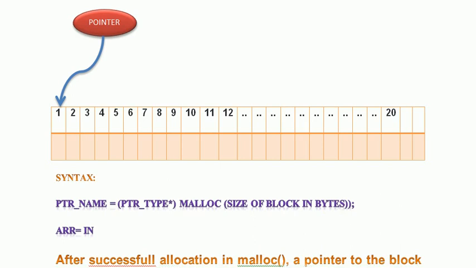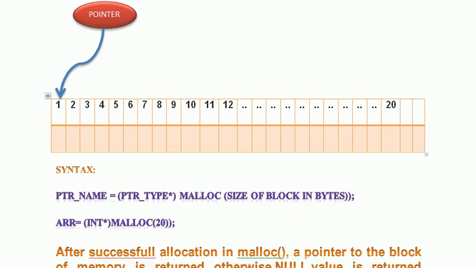So we will write here int star. Now suppose if we were allocating memory to a character, we will write here char. If to float, we will write here float. Then we will write our keyword malloc, then the size in bytes. We can write here 20 directly, right?